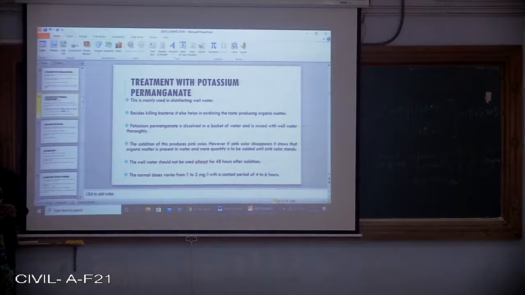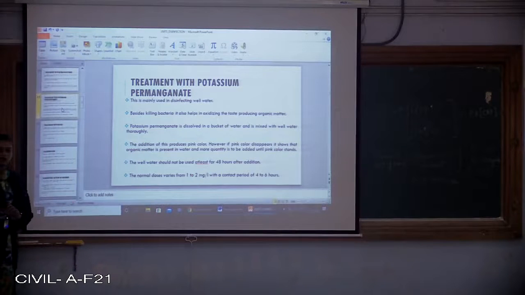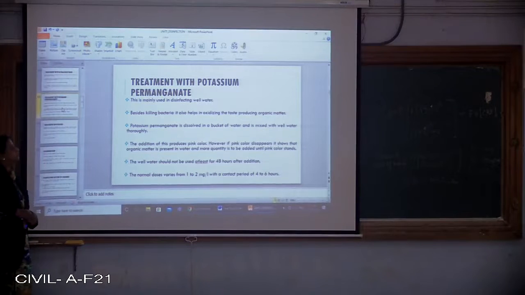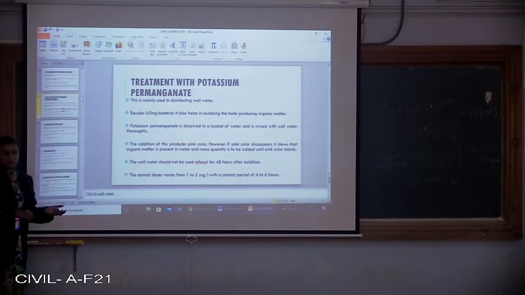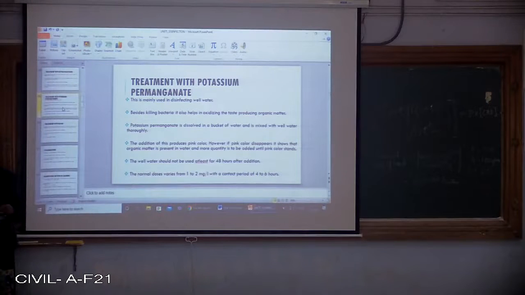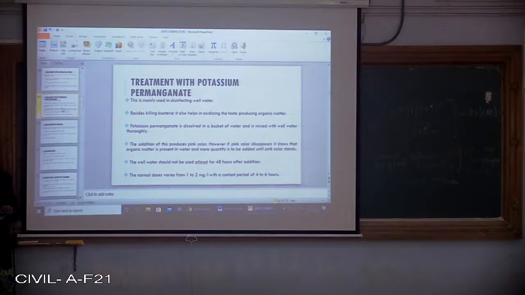This is mainly used in disinfecting well water. Wherever well water is used, if we add potassium permanganate to it, it will act as a disinfectant and kill the bacteria. It helps in oxidizing the taste-producing organic matter.